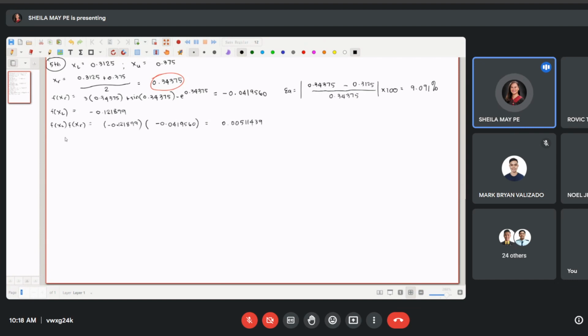Now, going to false position, Newton-Raphson next.